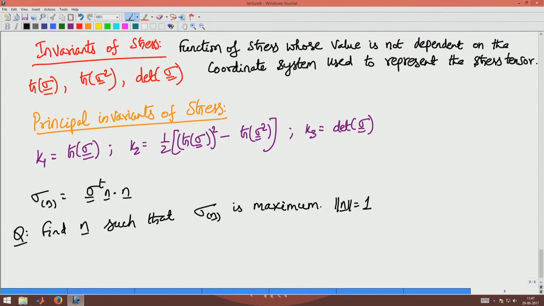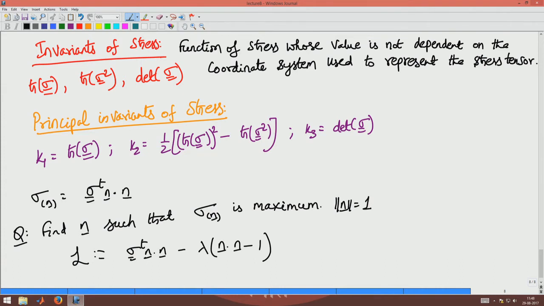Since you have a constraint that the magnitude of n has to be 1, you do a constrained optimization. You define an auxiliary function L, such that it is sigma transpose n dotted with n minus lambda times n dotted with n minus 1. This is a function of lambda and n.